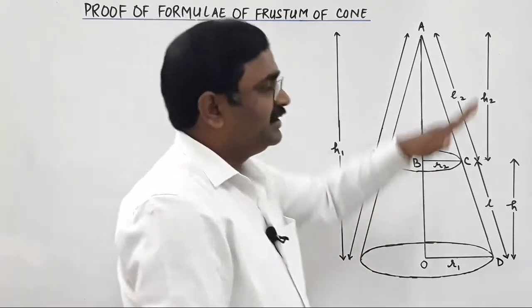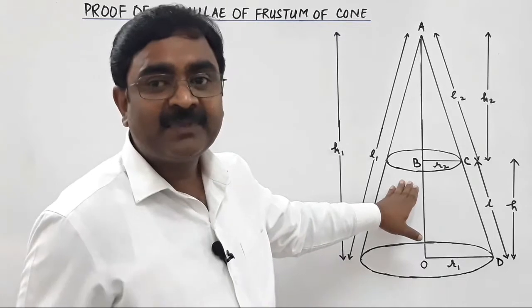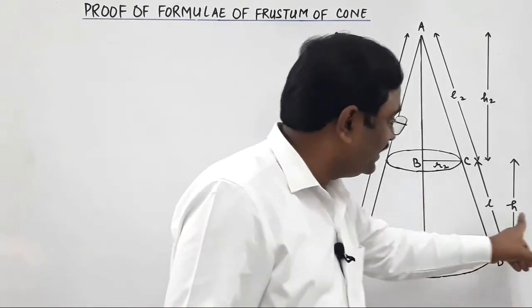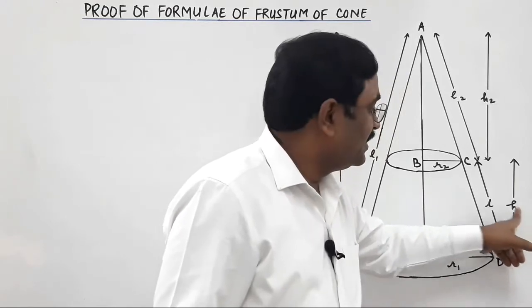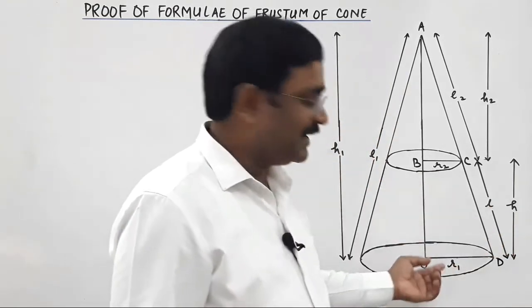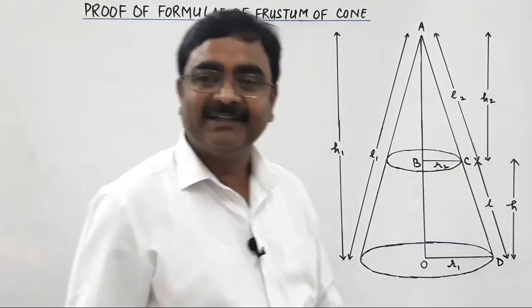After removing it, the frustum that remains has height h, slant height l, and the radii of both the ends are r1 and r2.